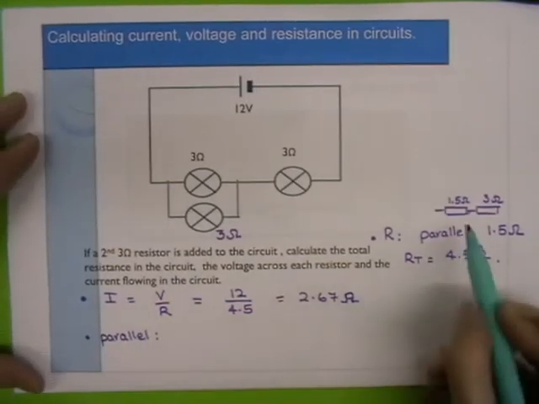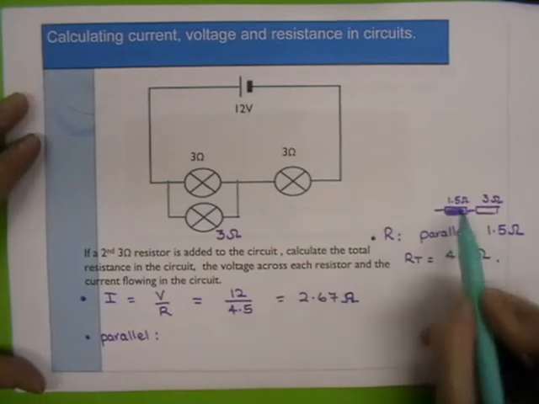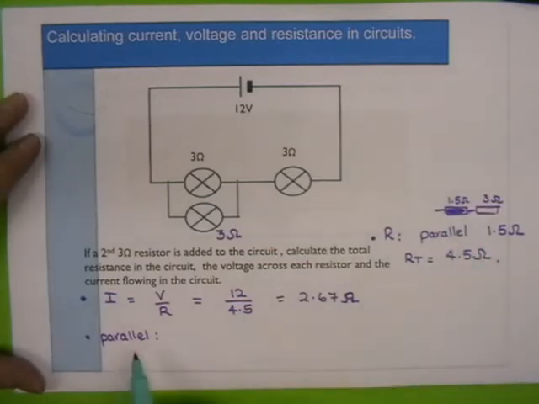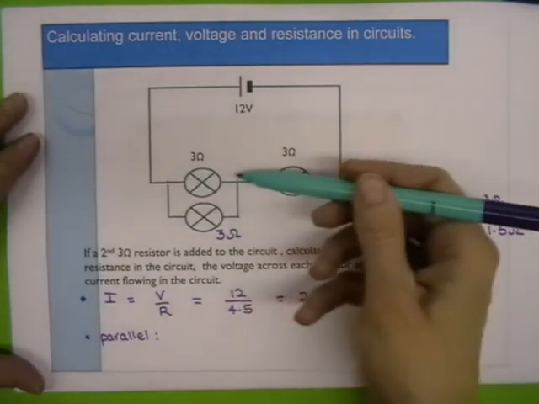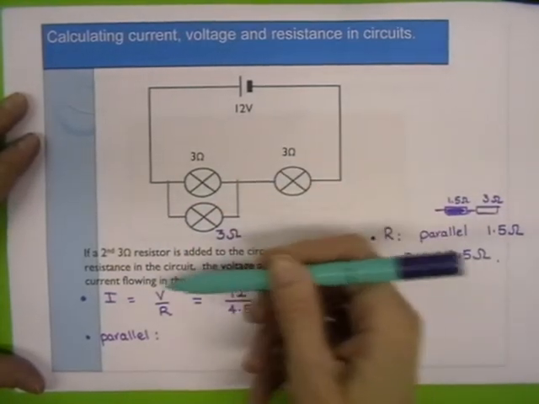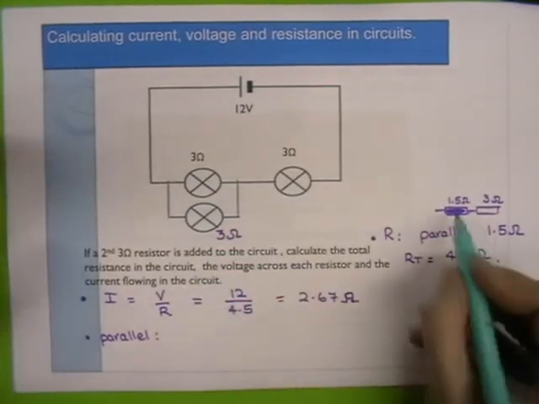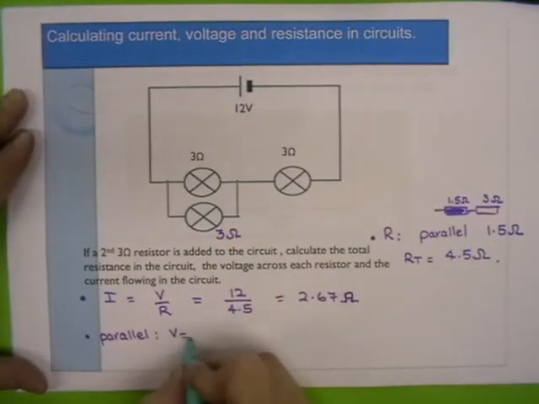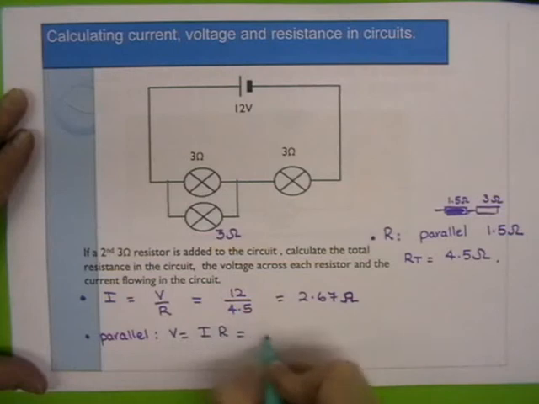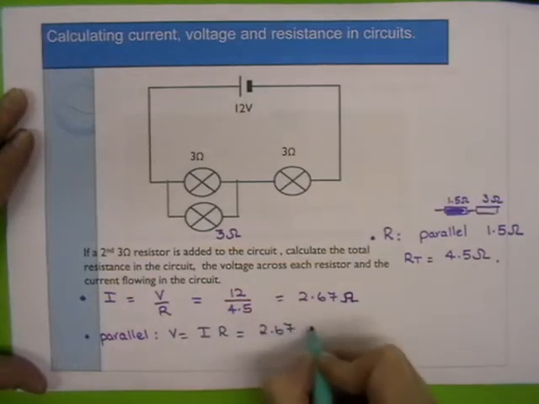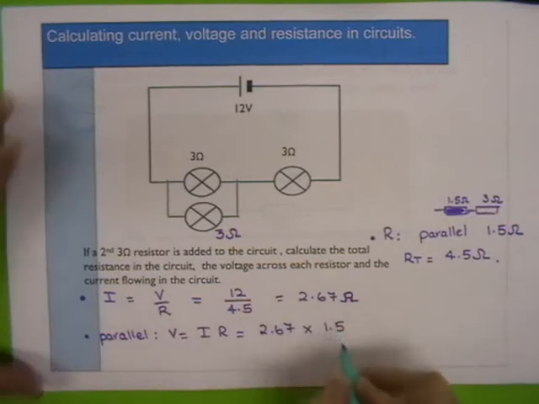Now, I know my total parallel resistance is 1.5 ohms. If I can find my voltage across that parallel bit, that's the same voltage across each bit in parallel, if you remember the rule. So I'm going to find this bit first. So V is equal to I times R, which is 2.67, or 2 2/3, multiplied by 1.5.